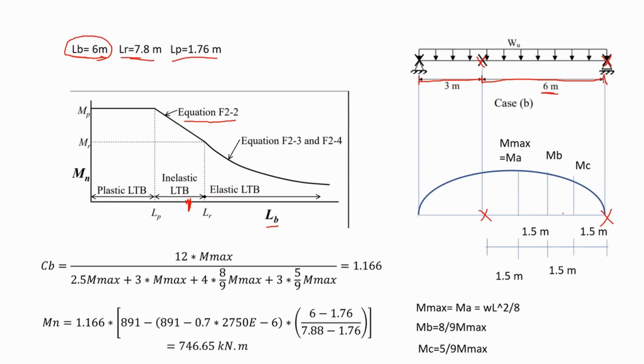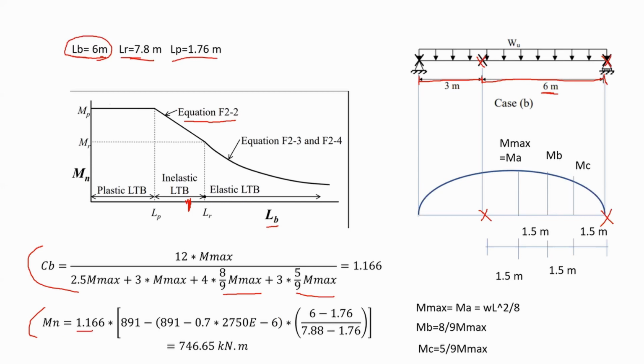If you check the internal moments, you get M max is equal to MA. MB would be equal to 8/9 of M max, and lastly MC would be equal to 5/9 of M max. So we calculate CB from here, and we then substitute in the AISC equation F2-2.